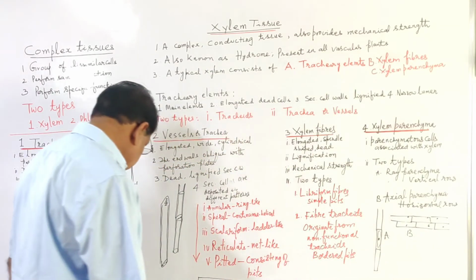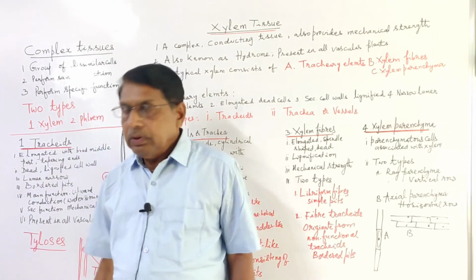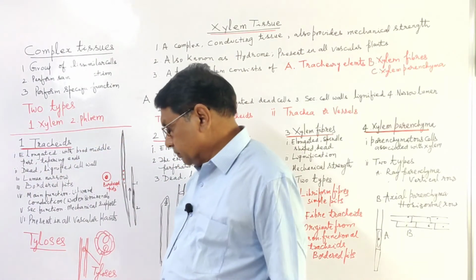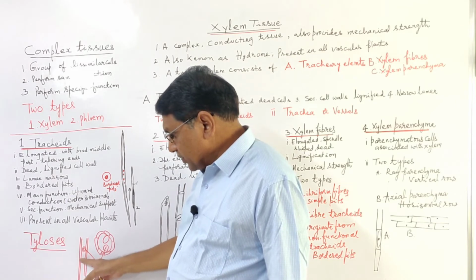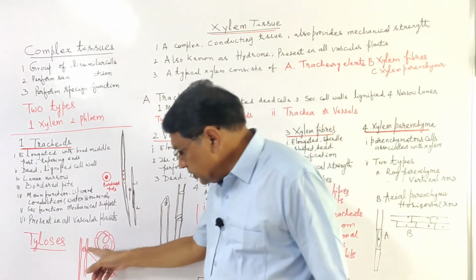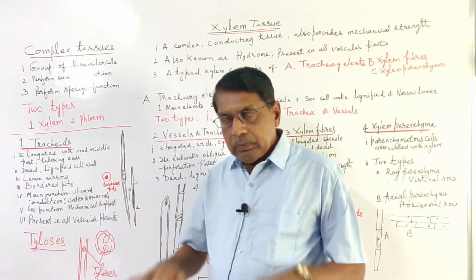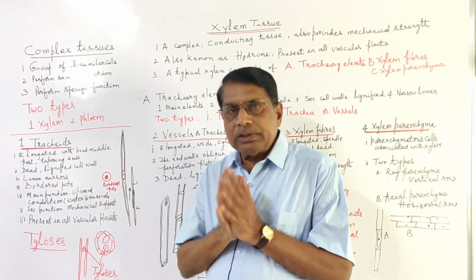Then another, tyloses. This is actually the vessel. This is pit. By the side of that vessel, a parenchyma cell will be present.